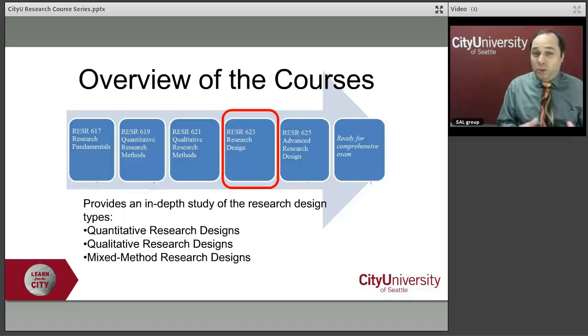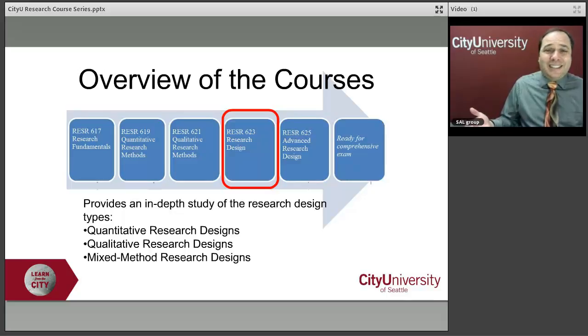You will note that we do not have a course specifically for that design. And that's intentional. There's a lot of places where somebody could go wrong with it. And so as a first experience in this level of research, we don't typically use it. It's there, it's possible, but it's complicated.